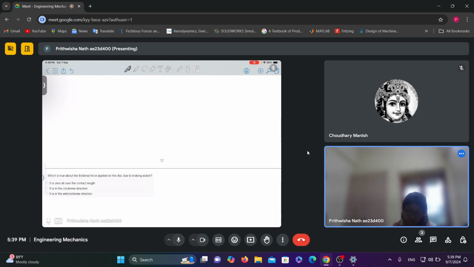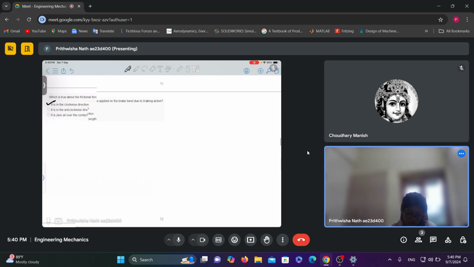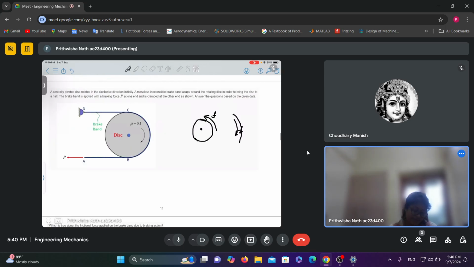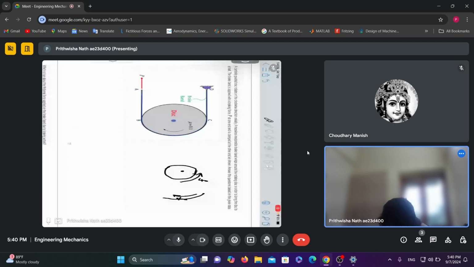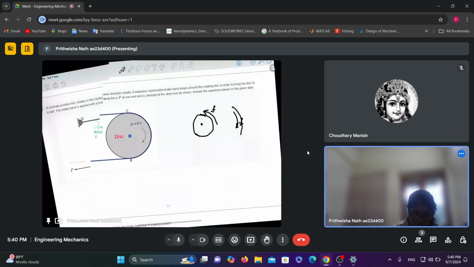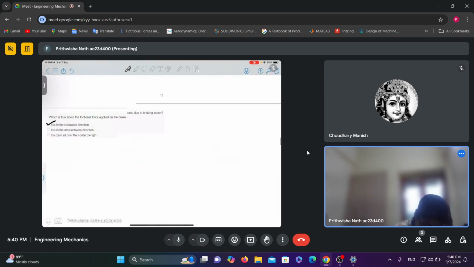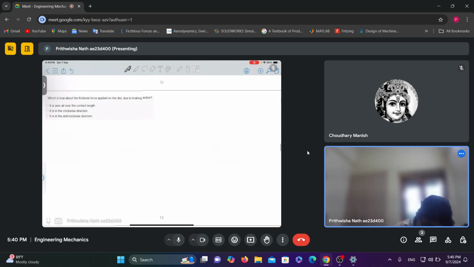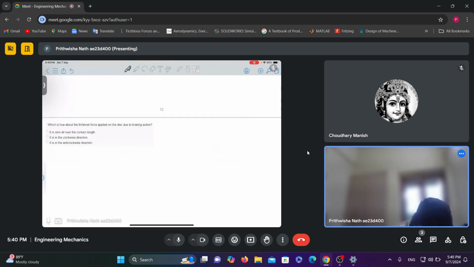Now we need to specify the direction on the disc. So we already found it out, which is anti-clockwise in direction, right? Therefore, it is anti-clockwise in direction.